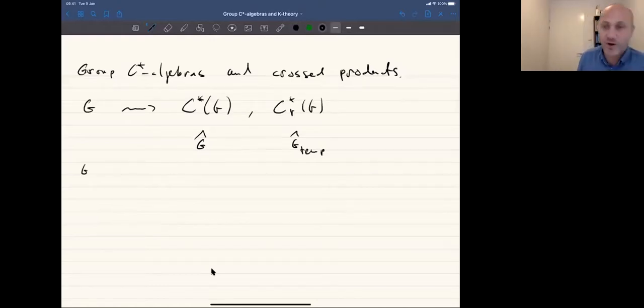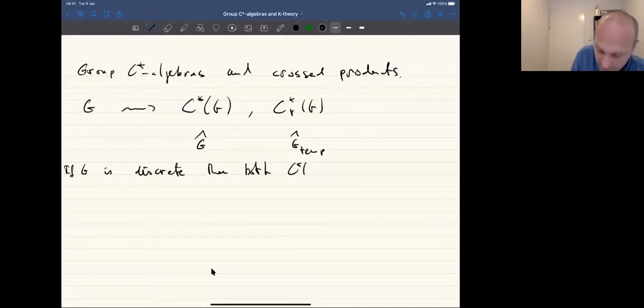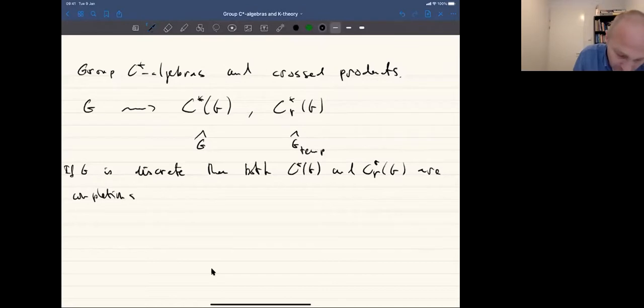Now, for those who are a bit more algebra minded, if G is discrete, then both C-star G and C-star reduced G are completions of the complex group ring of G. That's just if you've seen that object, like if you have a discrete group, you can build a ring out of it.